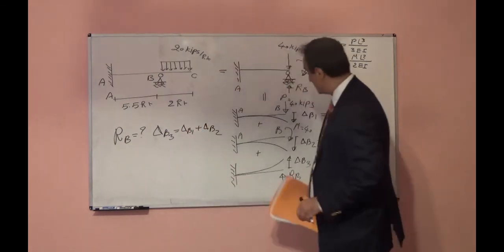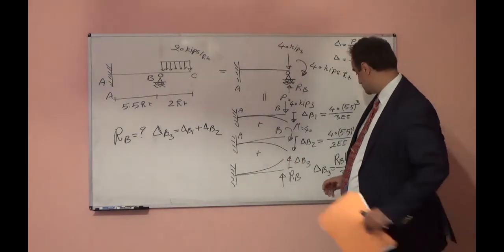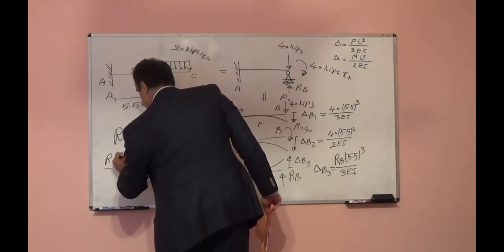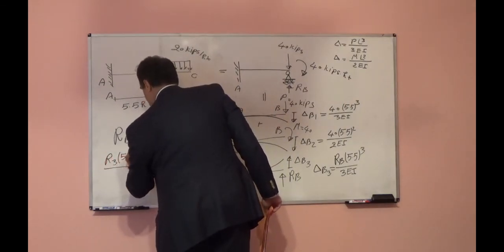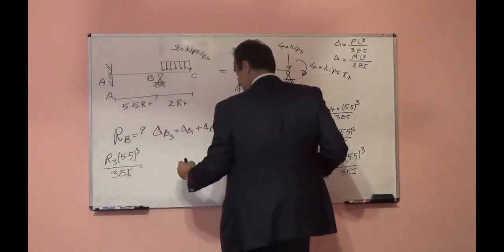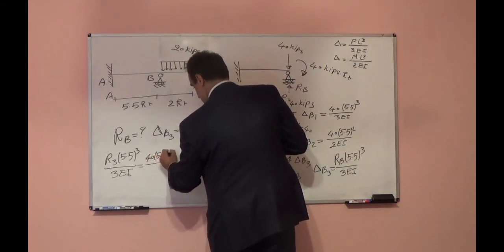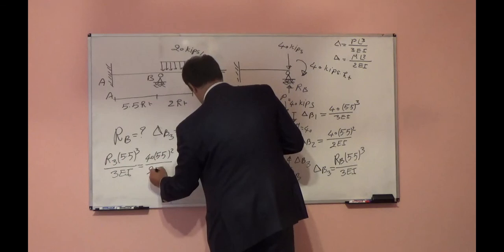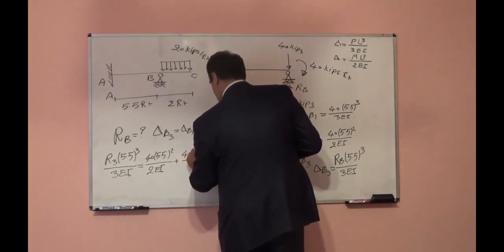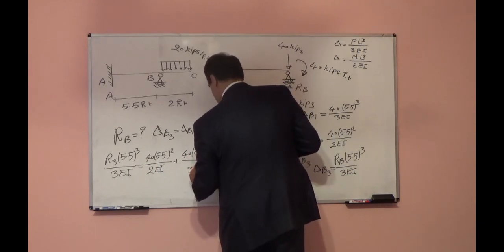And if I add all these three beams, I will get the initial beam. So from here, RB times 5.5 cubed over 3EI should be equal to 40 times 5.5 squared over 2EI plus 40 times 5.5 cubed over 3EI.